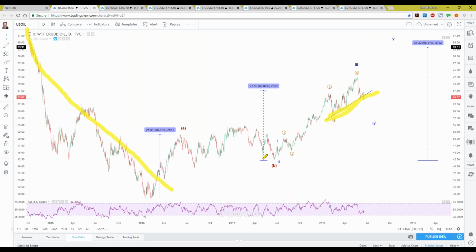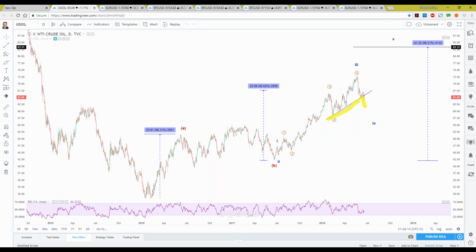We do this by connecting the lower lows or the higher highs to the next highs. Now, the thing about a trend line is it cannot be broken. It means price cannot break through this trend line. Once it does, that trend line ceases to exist, and you have to reestablish a new trend line.